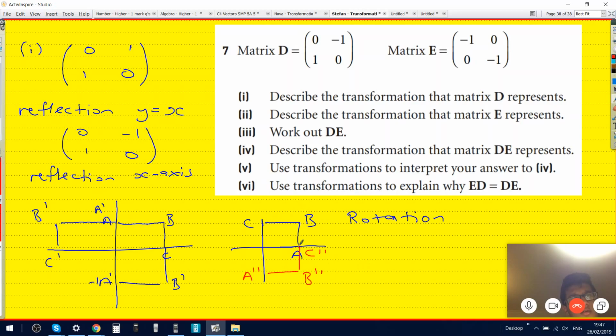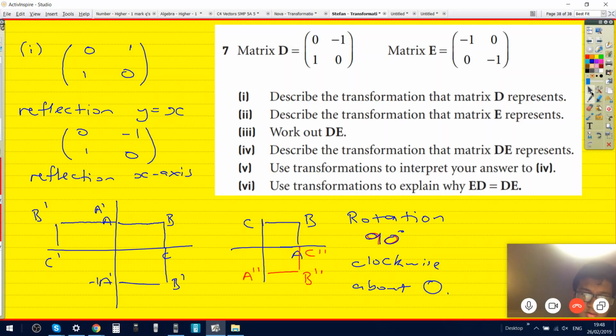So it starts here, ends up here. Oh, sorry, by 90. And if it's by 90, you have to say direction. Yeah, clockwise. And about what point? About the origin. Yes. That's it. They're not messing around.